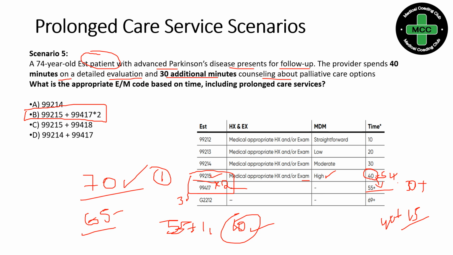So for only 10 additional minutes, you cannot give one more unit. Okay, so as I already told you, for each 1 unit increment, you need additional 15 minutes. If you are not meeting extra 15 minutes, then you are not supposed to take one more extra unit. Okay, so for this particular question, the answer is B. Okay, why have we taken 99417 as an add-on code? Because we are dealing with the outpatient E&M setting.